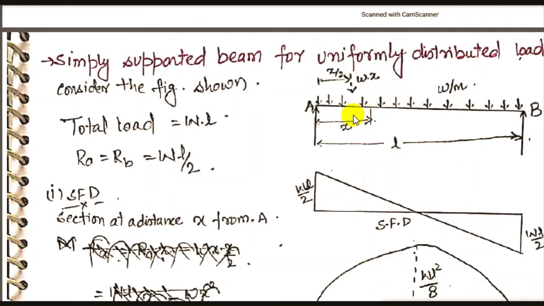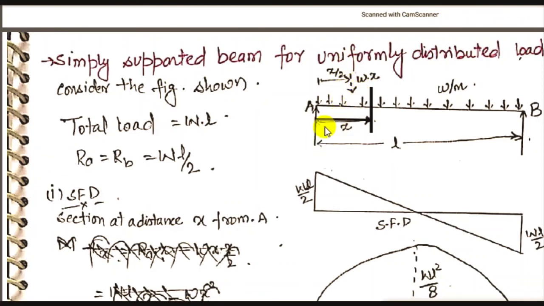This is a section, at this point, and it is acting at a distance of X. So forces: RA from this section is in the upward direction, so it will be considered positive, and this force is acting downward, so this will be considered negative.